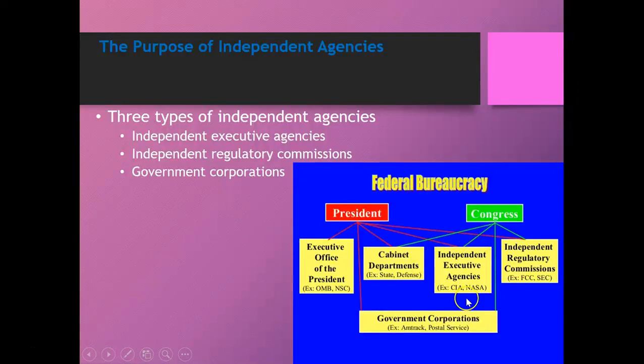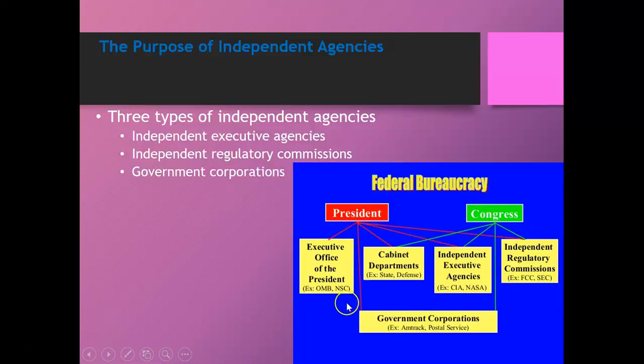They're independent executive agencies like the CIA, NASA. And then there's independent regulatory commissions. They're like the FCC, which regulates communications, regulates the internet. The SEC, which is the Securities Exchange Commission, regulates the stock market.